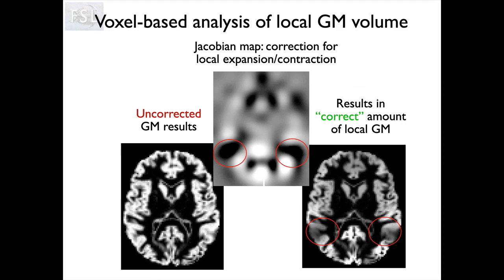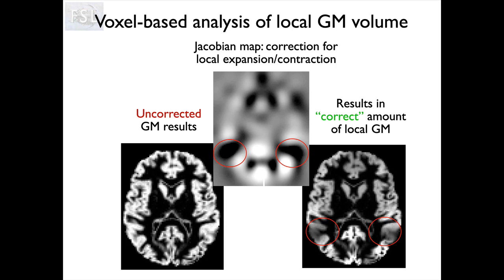And we're going to use that local measure of the amount of change in the volume to modulate our grey matter map. We do that because if we start out with thin grey matter and the nonlinear registration has expanded that grey matter to cover a wider area, then we've lost the information about the fact that there wasn't very much grey matter to begin with. It now looks like there's lots of grey matter in the image which we would have post-registration.